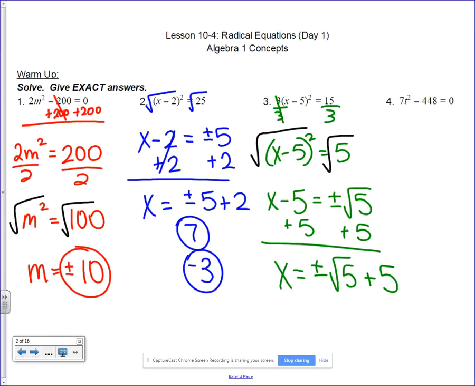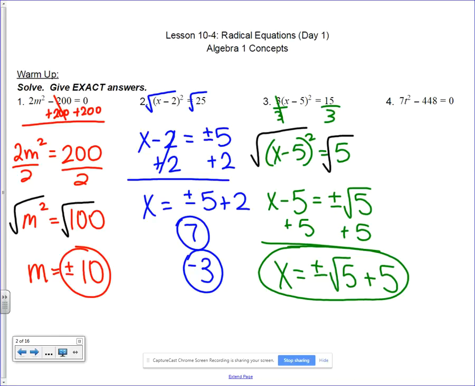Now, if I type this into my calculator, what kind of number is it going to give me? How big of a decimal? Irrational one, right? And it says I want exact, doesn't it, in my directions?